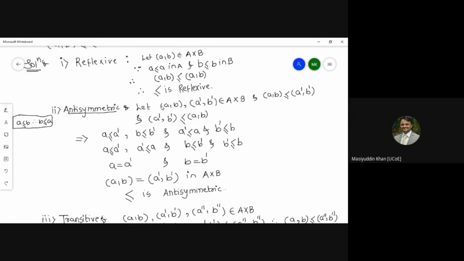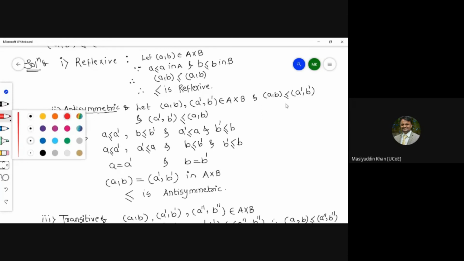That is, we have (a, b), (a', b') belonging to the product A × B. Therefore, (a, b) ≤ (a', b'), and (a', b') is also ≤ (a, b).